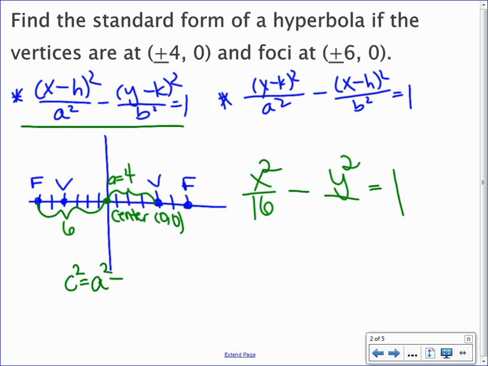Okay, c squared is a squared plus b squared. I like how you suggested that. So c squared would be 36, a squared would be 16, so b squared is 20. You don't have to go any farther because we're just going to put 20 right there.